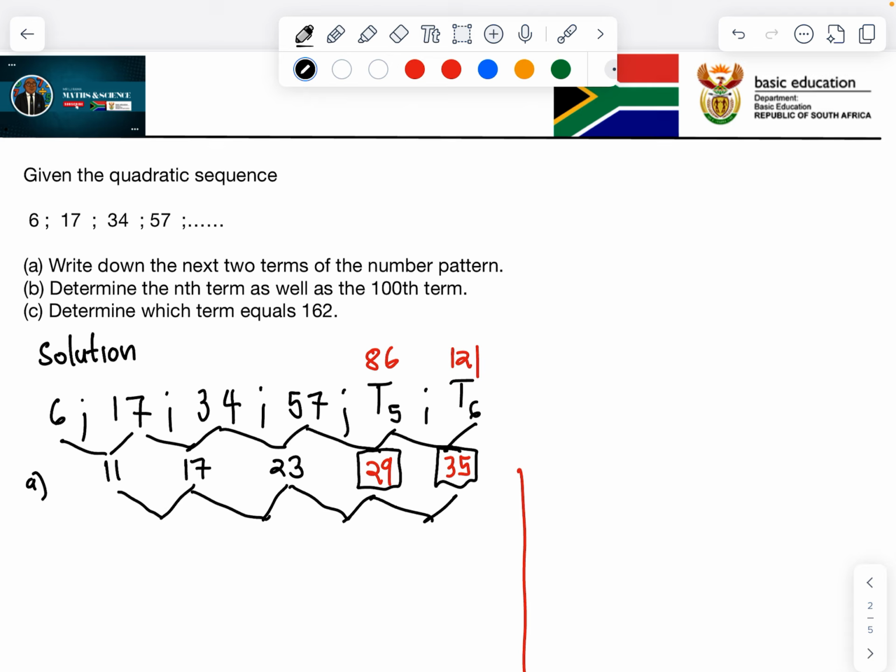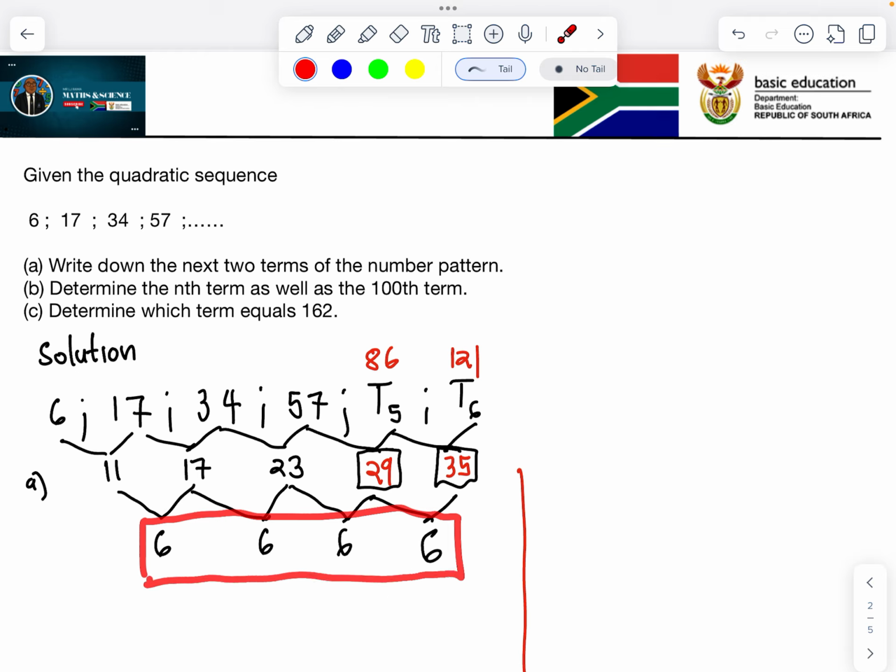And remember, this is a quadratic sequence, so we are expecting it to have a constant second difference. So let us see. 17 minus 11, that is 6. 23 minus 17, that is 6. 29 minus 23, 6. And 35 minus 29, that is 6. Indeed, we can see it has a constant second difference. So yes, indeed, it is a quadratic sequence.